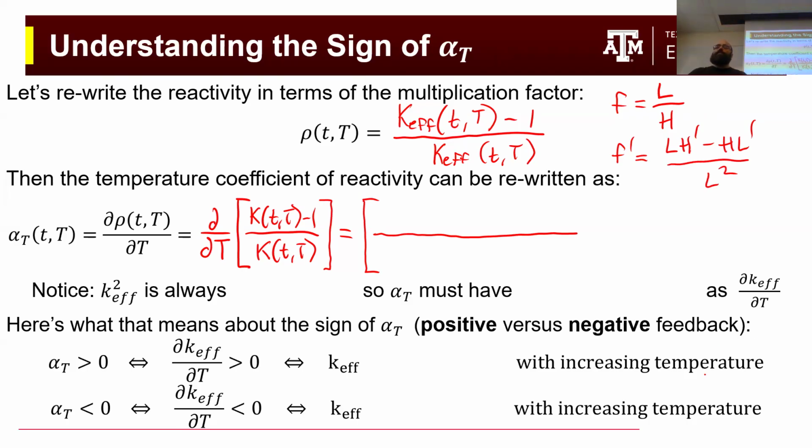Oh, I put these backwards. It's high over low. So it's basically the bottom times the top derivative minus the top times the bottom derivative, divided by the bottom squared. So if I think about it like that, then the bottom function is K effective.